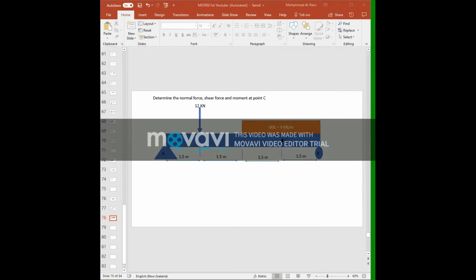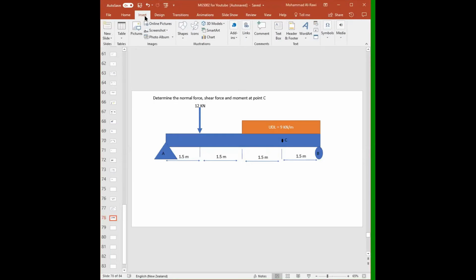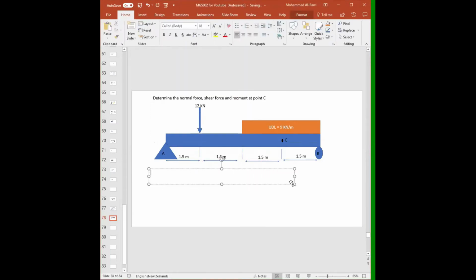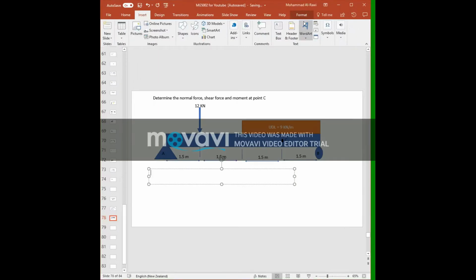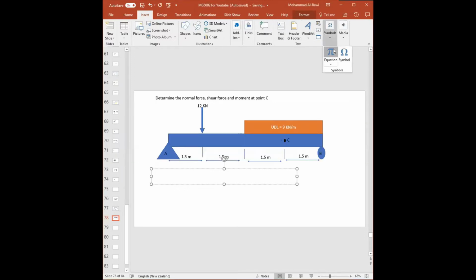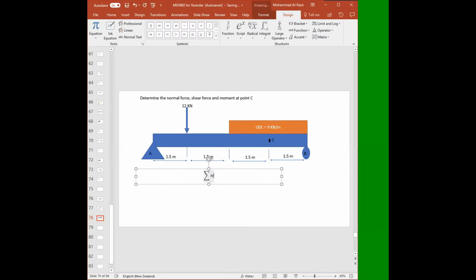All right. Now, how can we solve this question? First of all, as we say, we start with free body diagram. So can you tell me, or I will help you, it will be easier. The first thing I will start is to take a moment around the point I prefer. So let's say I will be taking the moment around point A. So insert and then equation: algebraic summation of moments about A is equal to 0.